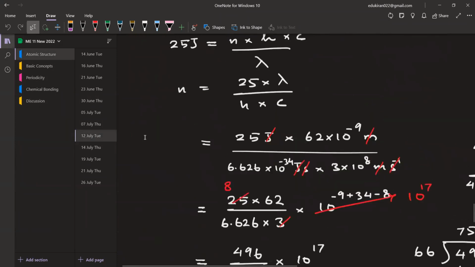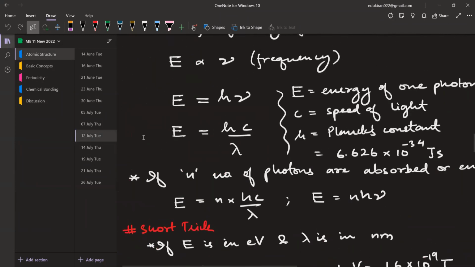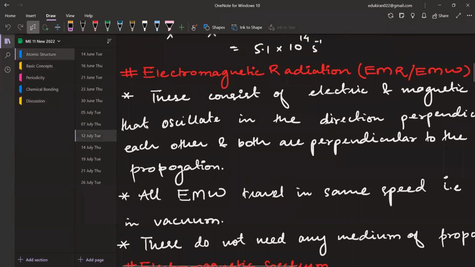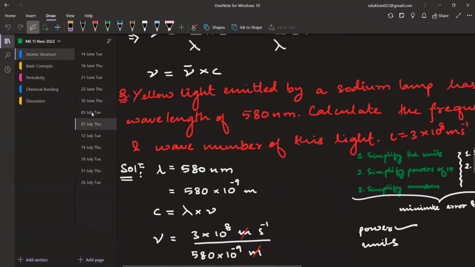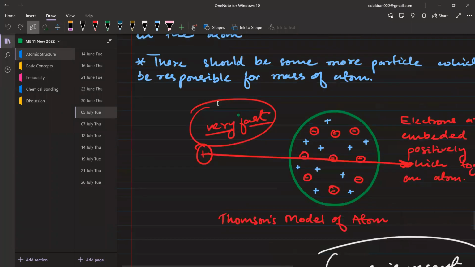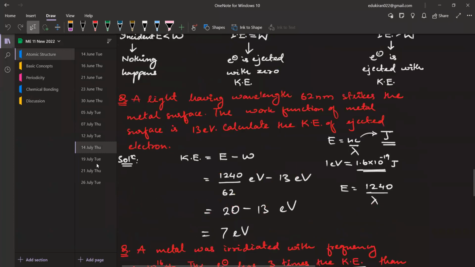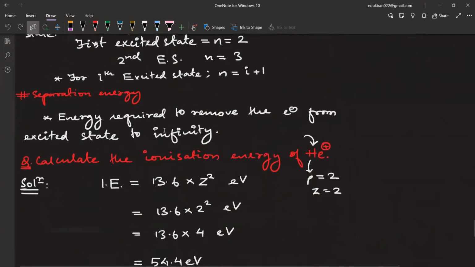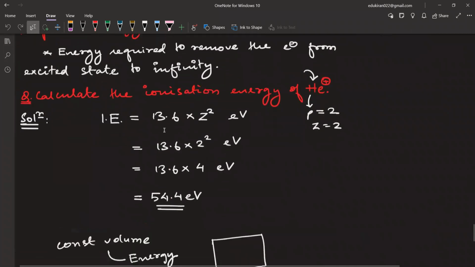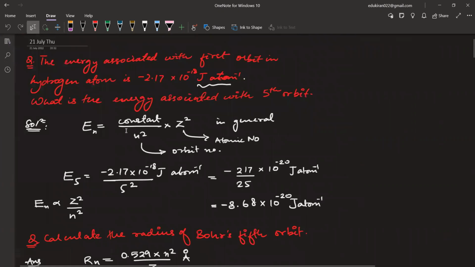The ionization energy of hydrogen, which is joule per mole.